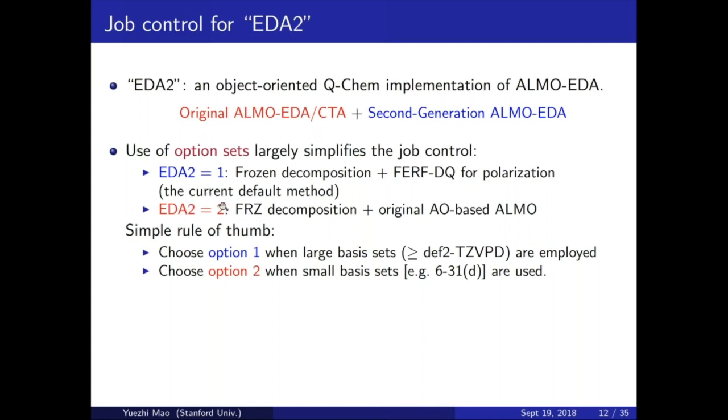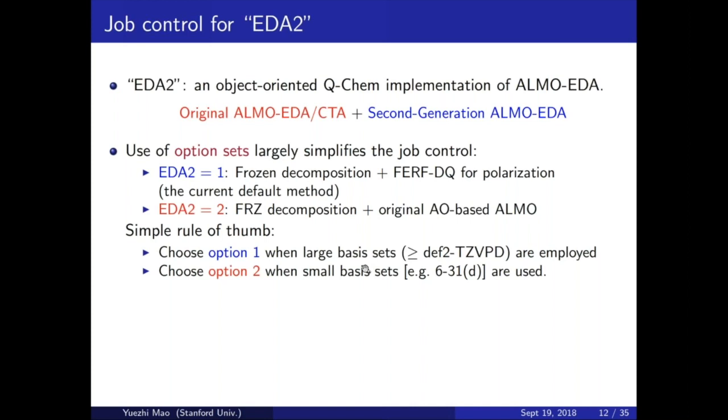And also one can use set EDA2 to 2, and this also does the frozen decomposition, but the polarization is done by using the original AO-based ALMO method. And the simple rule of thumb for choosing these options is when a large basis set is used, we should use option 1 because the FIRF method gives a better separation of polarization and charge transfer.